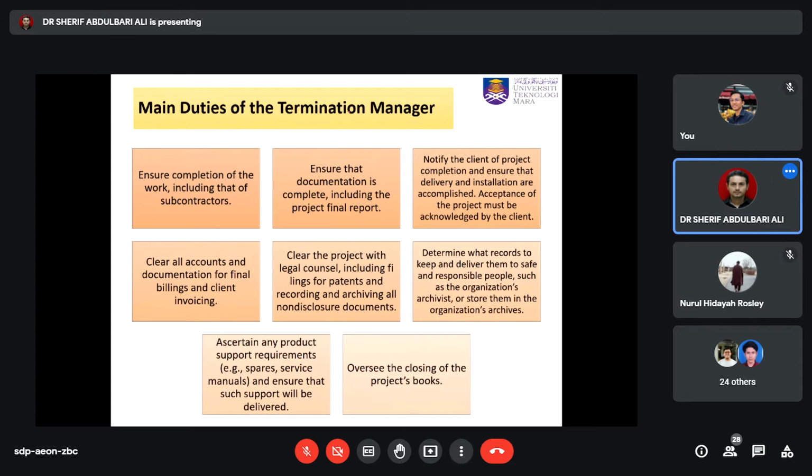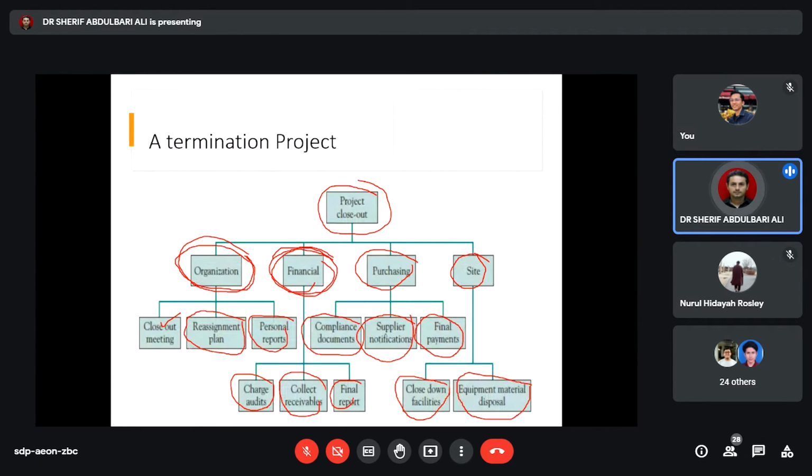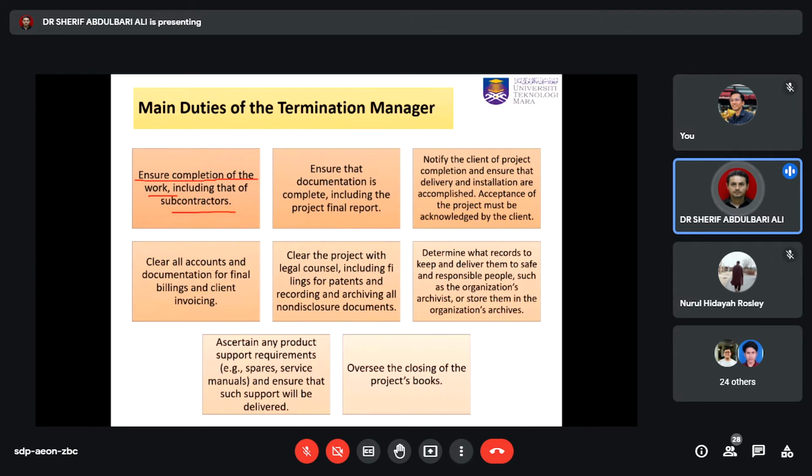The termination management, or the termination manager, what are his duties? You need to ensure the completion of the works, including that of the contractors. So when you are looking here, you need to make sure about finishing all of this. Ensure that the documentation is complete, including the project's final reports.